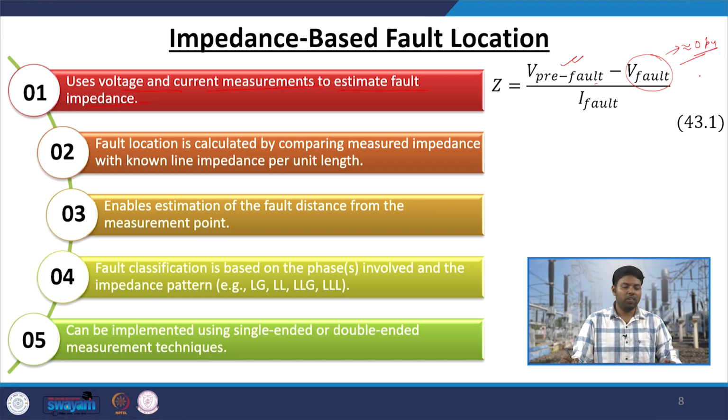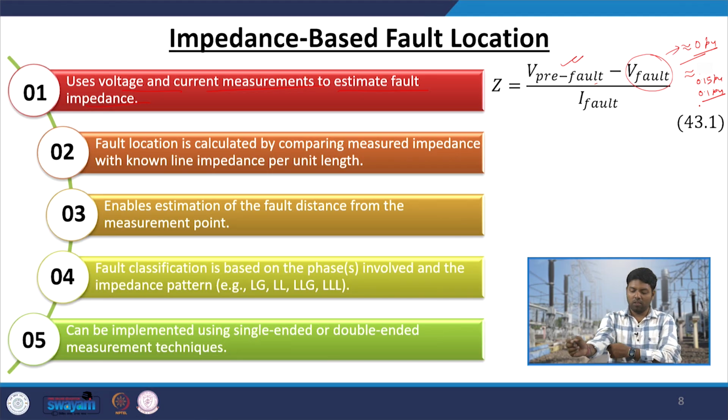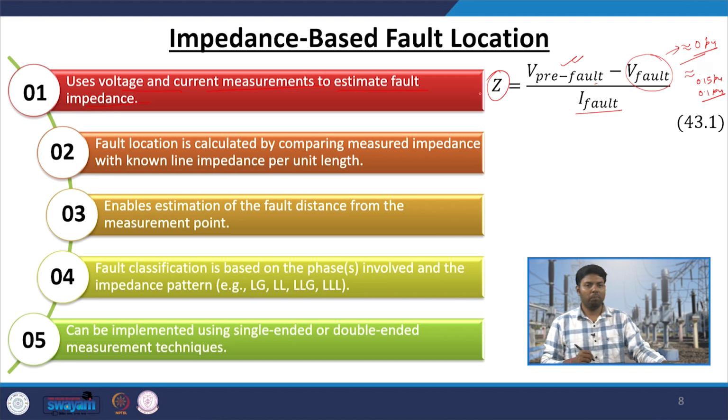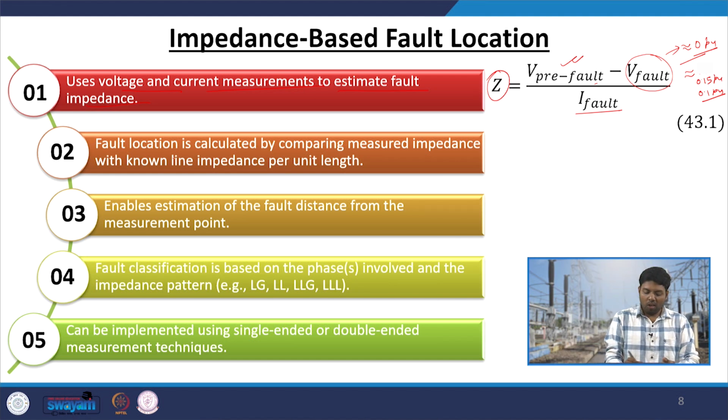So, if it is a dead short, then it is 0, if it is not a dead short, if fault resistance or fault impedance is involved, then it will be maybe 0.15 per unit or maybe 0.1 per unit depending upon the fault impedance value, and then you have I fault, and then you can calculate your line impedance. Fault location is calculated by comparing measured impedance with known line impedance per unit length.